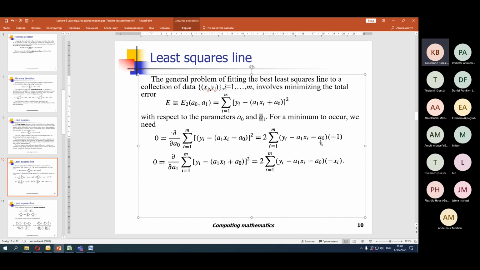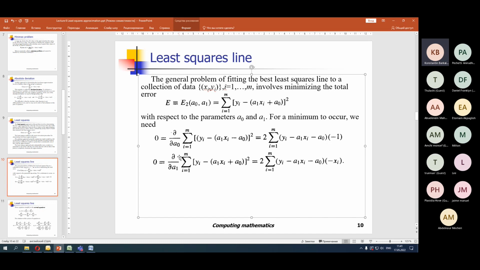And for a minimum to occur, we need to compute the partial derivatives of this function, and we need to set these derivatives to 0. And after that, we should solve the corresponding system of equations for a0 and a1. We need to compute the partial derivative. This partial derivative is computed here.